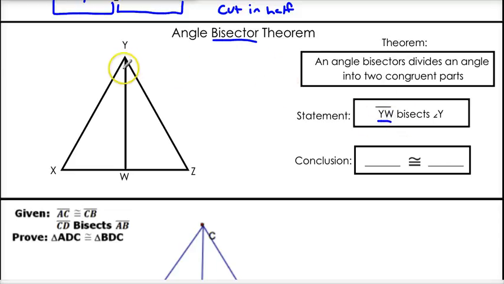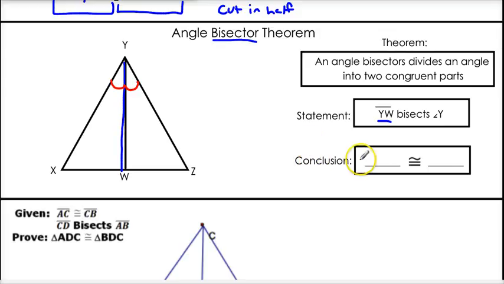This bisects our angle Y, which is right here. And what that means is that it takes angle Y and it cuts it into two congruent pieces. So I have these two congruent parts right here. So whenever you have a line that bisects an angle, it cuts it into two congruent parts.